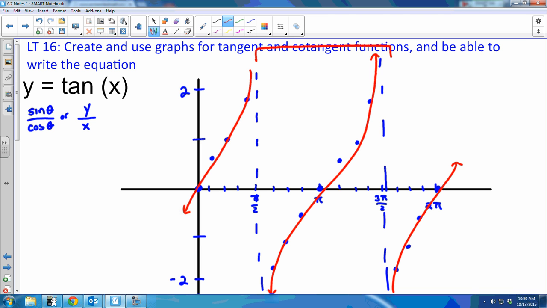What's the distance between 3 pi over 2 and pi over 2? 2 pi over 2, which is pi. Right? It's half of what we're used to with sine and cosine. So the period for tangent and cotangent is just pi. So it repeats more often.